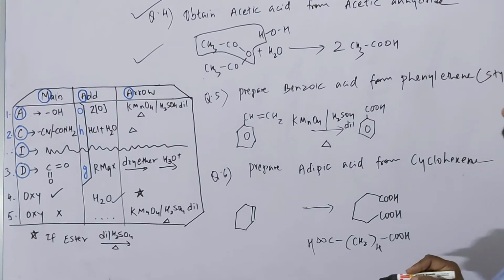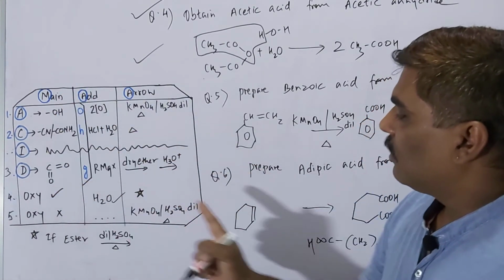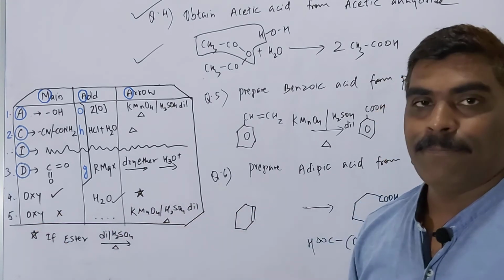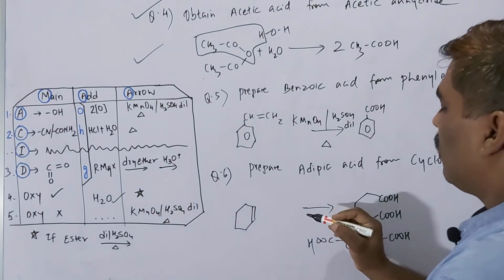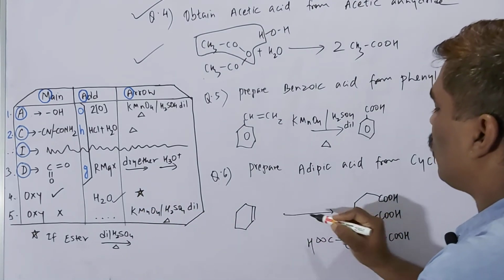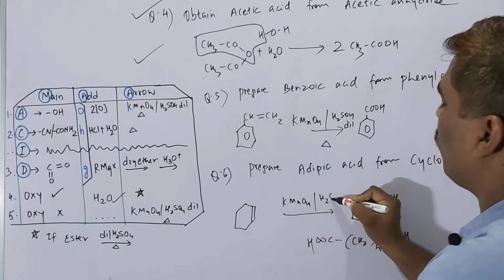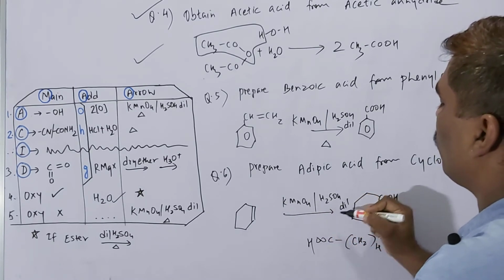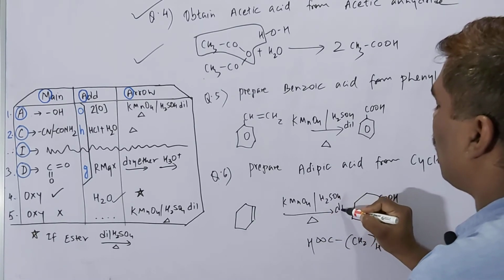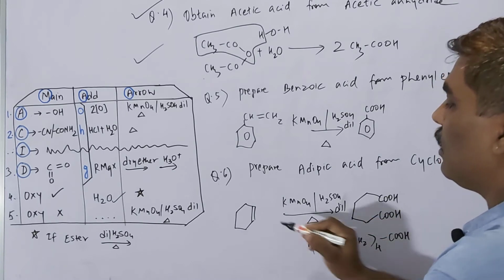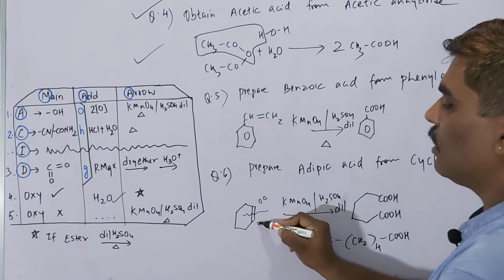Now just try to find out which number this belongs to. This directly belongs to number 5. Okay, so for number 5, check what is given. We are going to write here KMnO4 and sulfuric acid, dilute and heat. As I said earlier, this bond is broken and oxygen goes like this.